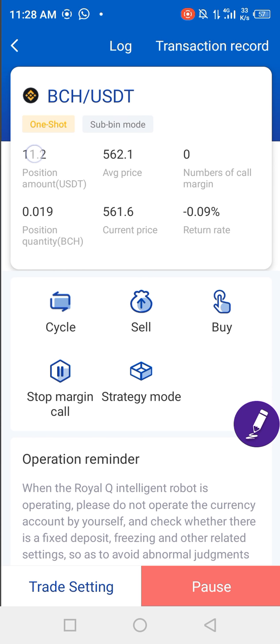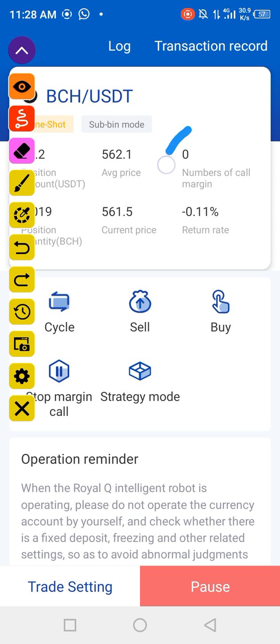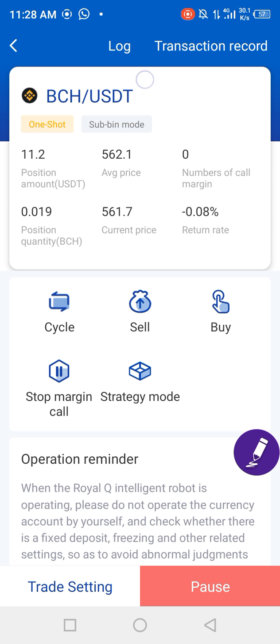It has called for coin, and then it's at a 0 level now. This initial position has not called the margin call. This initial position 0, so it has called for coin. 11.2 USDT is now waiting to be sold for this particular coin, BCH USDT.